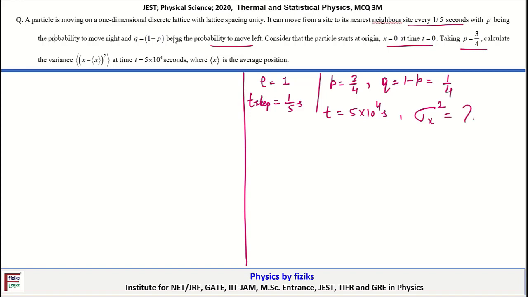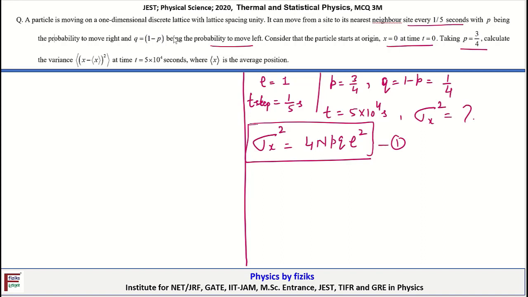In order to calculate the variance, we know that the variance in the displacement, sigma x square, is equal to 4 N p q L square. This result we discussed in theory, when we talked about the random walk in one dimension. Here L is given to us, and p and q are also given to us.